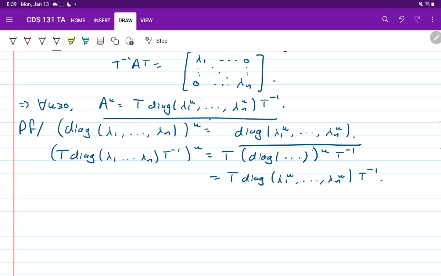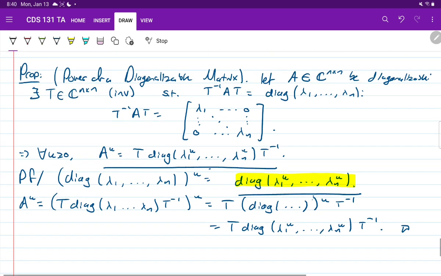Since the original expression was equal to A to the k, we have our result. So A to the k equals this to the k, then we can pull out T and T inverse using the previous results, and then exponentiate using this nice rule for the exponent of a diagonal matrix. Nice.